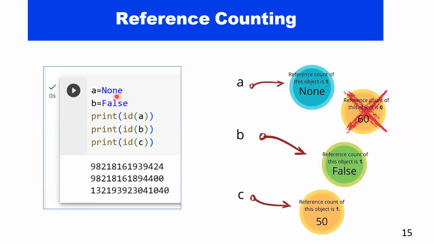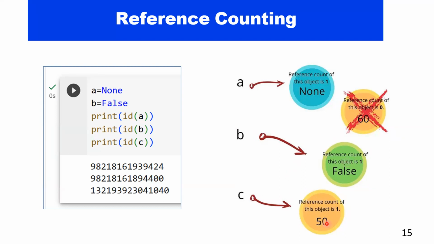So now, since we have changed the values of A and B, they no more refer to this object where the value of 50 is being stored. A and B are now referring to new objects: None, and another object where the value is False.